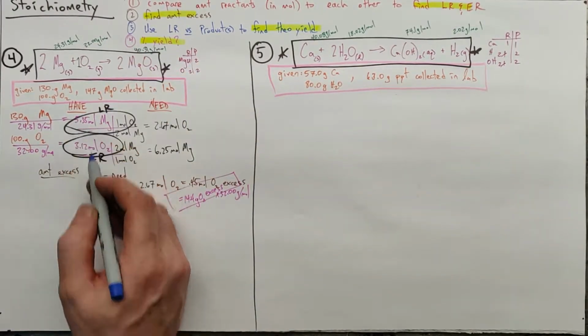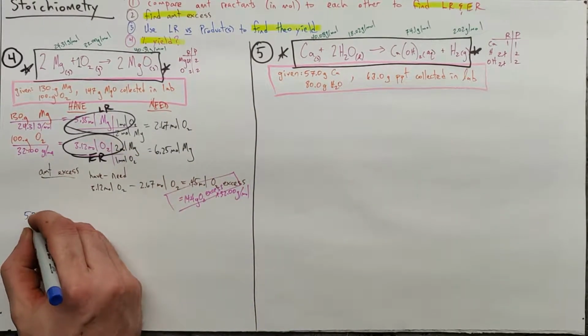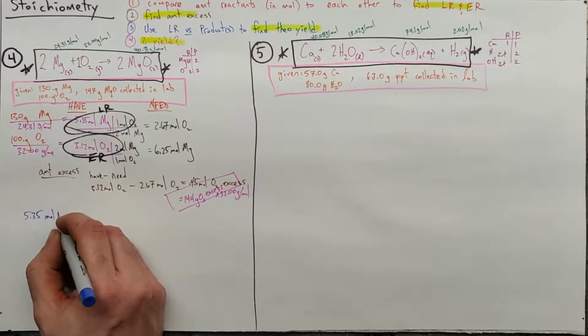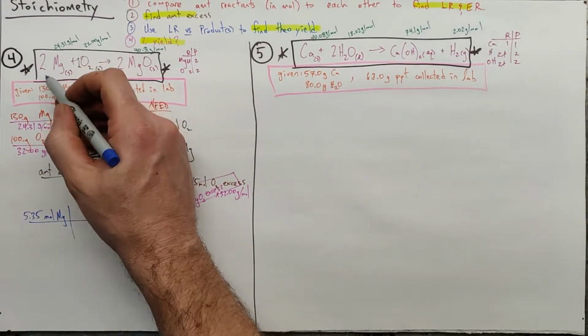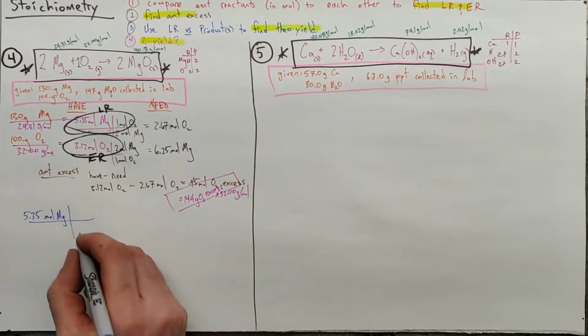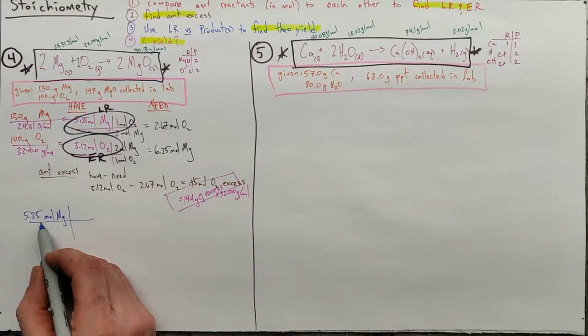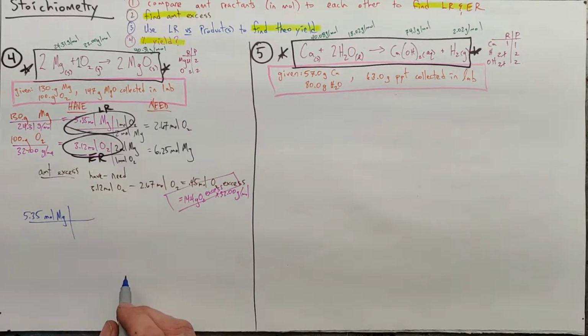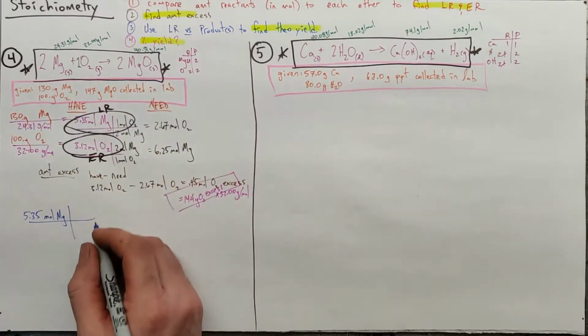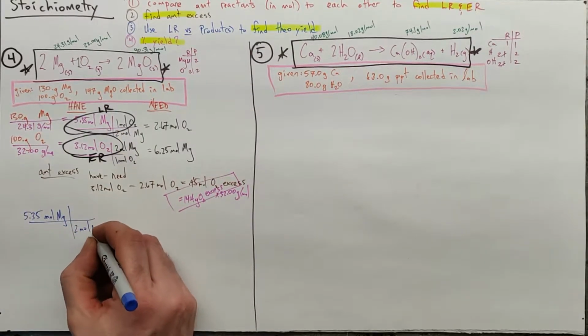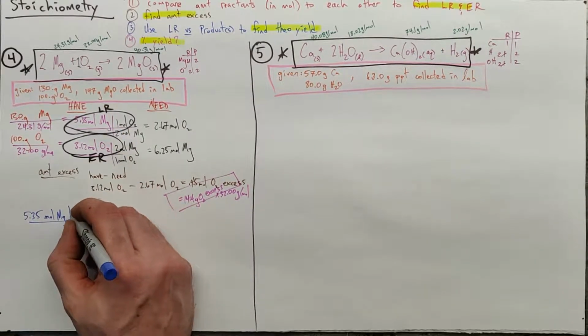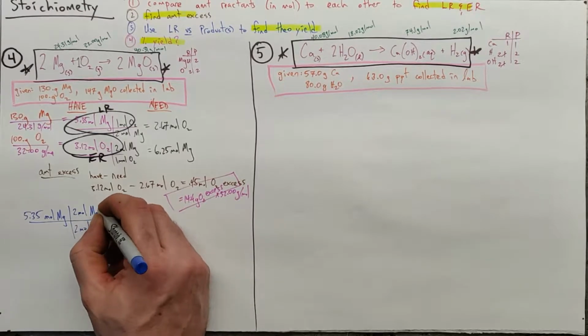And we have 5.35 moles of that magnesium. And for every 2 moles of magnesium, I've got 2 moles of magnesium oxide, right? First box is what's given. Everything after that is what comes from the balanced chemical equation. It is a recipe for this reaction. 2 moles of magnesium for every 2 moles of magnesium oxide.